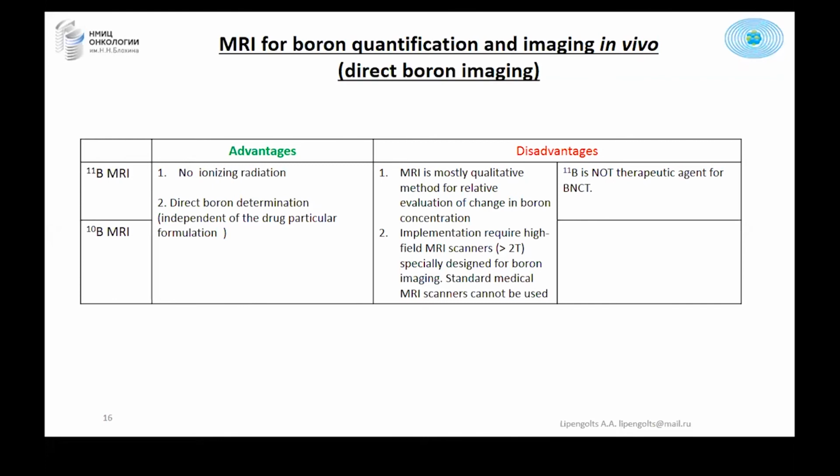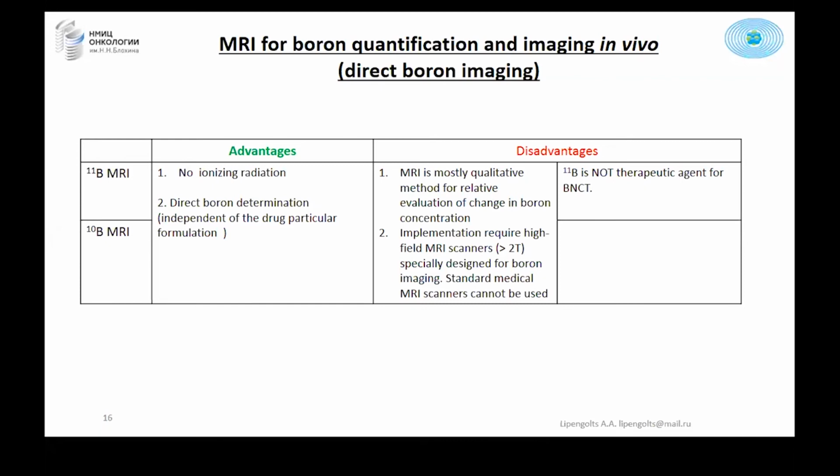If you put the same object in a slightly different way, then the signal will be different. That makes quantification of boron with MRI quite a tricky task, and it requires additional development of special, expensive equipment, which is not good for BNCT medical application.